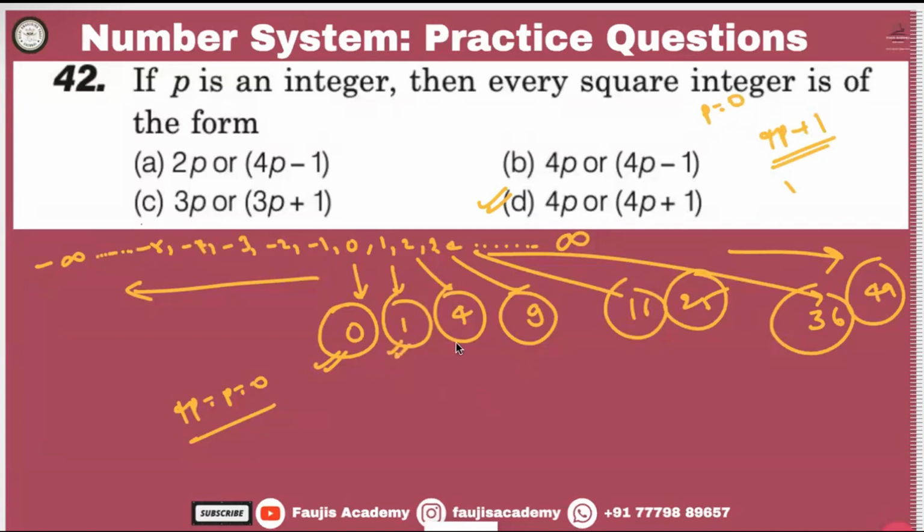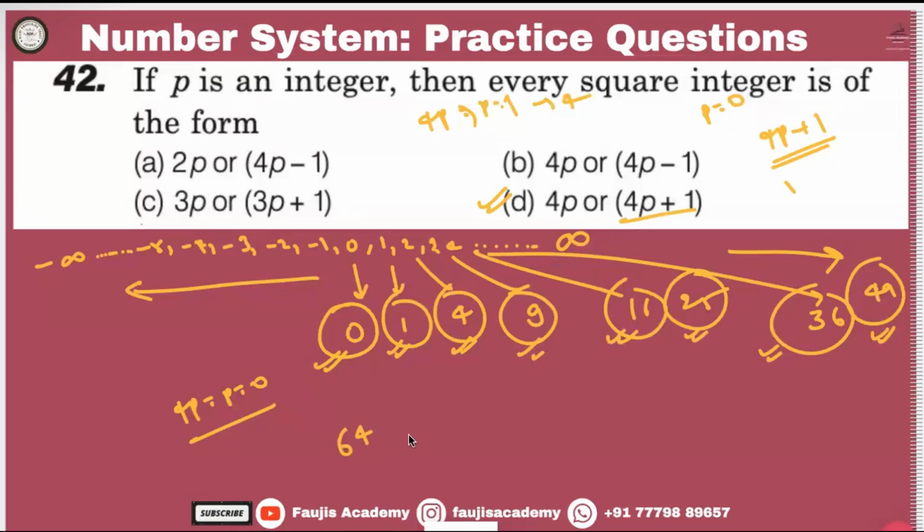If we put P equal to 1, 4P will become 4, and 4P plus 1 will be 8 plus 1, 9. This is also workable.